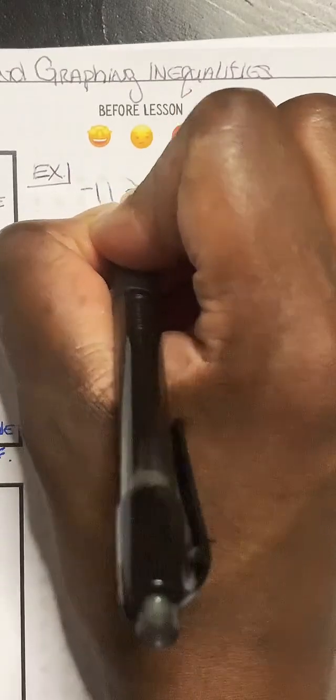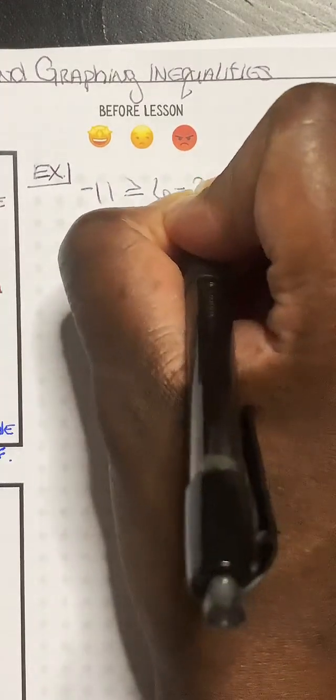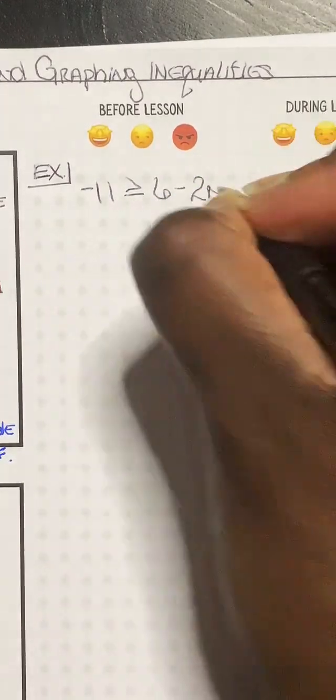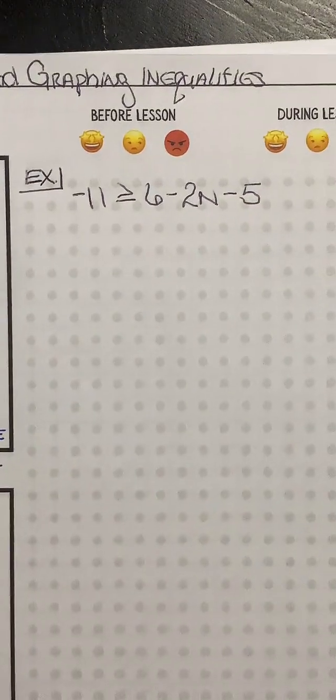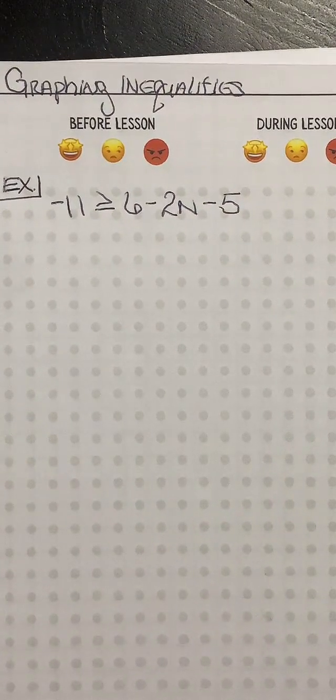So first example, we have negative 11 is greater than or equal to 6 minus 2n minus 5. Why not? Okay. So when you're solving this, you want to do exactly the same thing as when you're solving an equation.